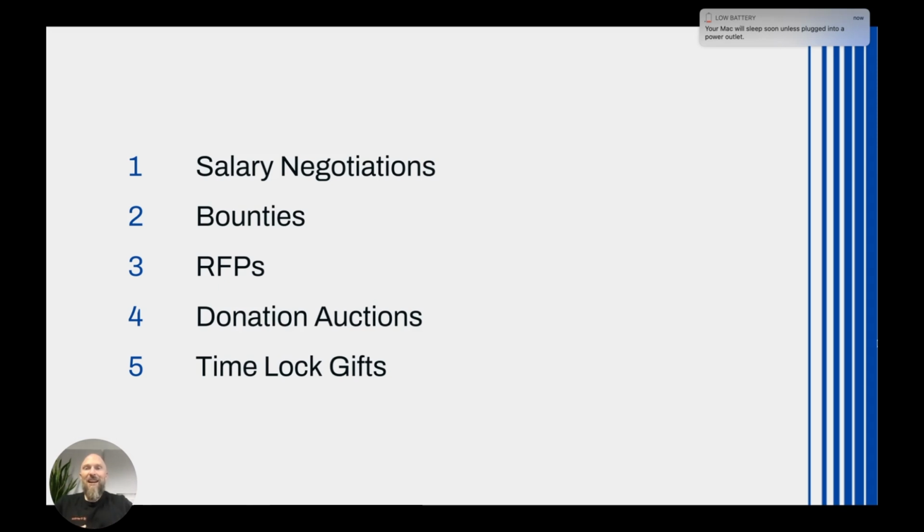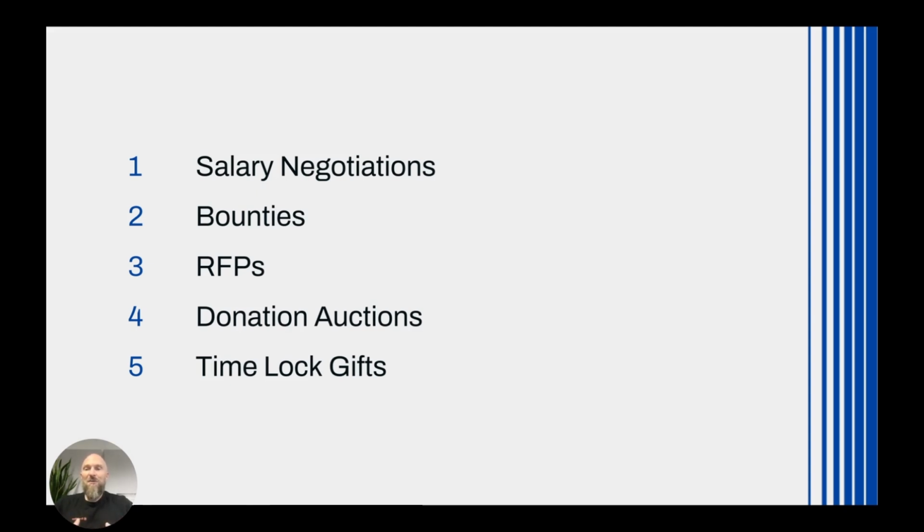So having both parties reveal their salary preferences at the same time is a super powerful tool for both parties. Similarly, in business, having blind bounties and RFPs or request for proposals can make sure that the procurement process for a company or a DAO is fair and transparent.